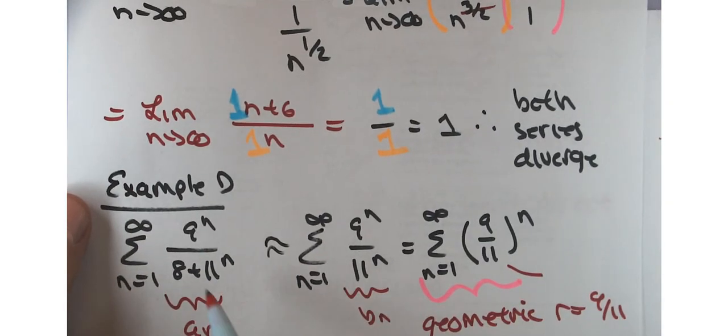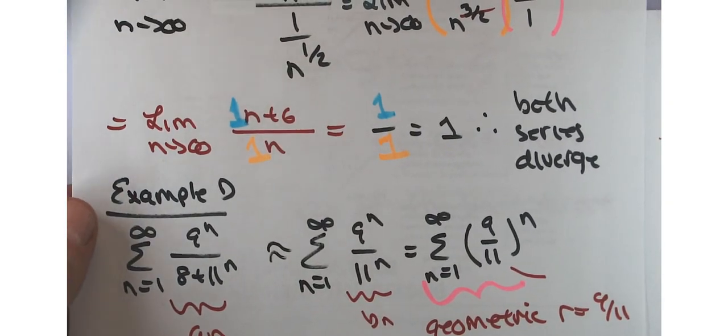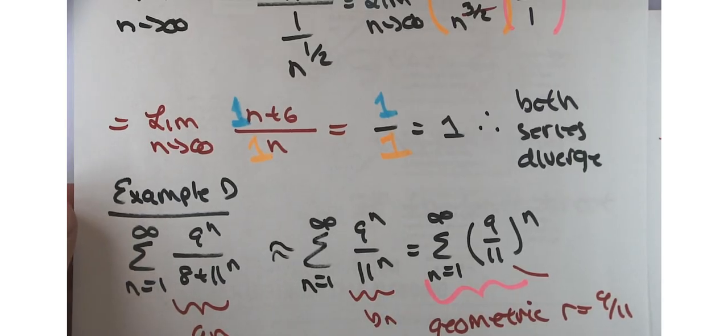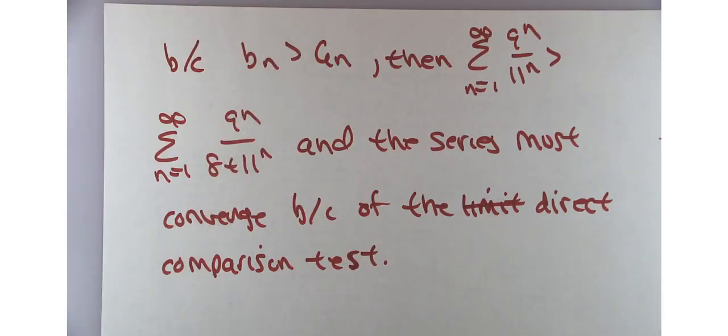That 8 is not going to be a big thing after a while. So this turns into a geometric series, and we get a nice quick approximation. You could also do that with a limit comparison test. I'm just thinking that the limit comparison test in that one would be a big mess because of the exponents there.